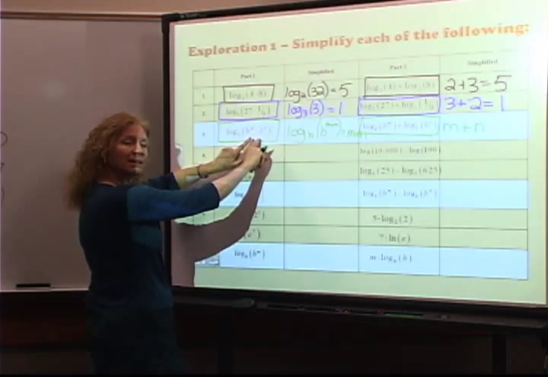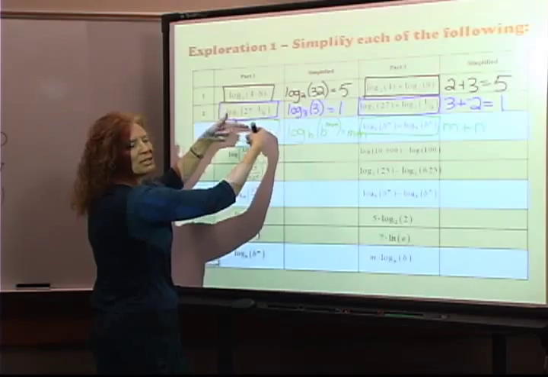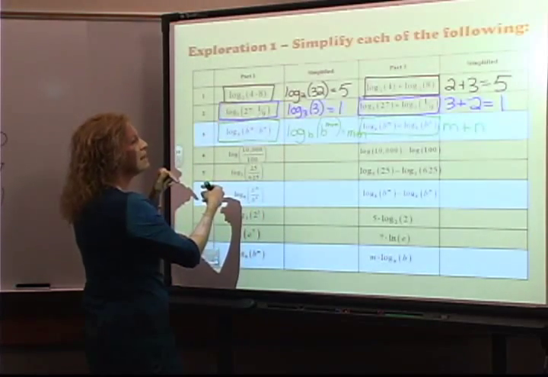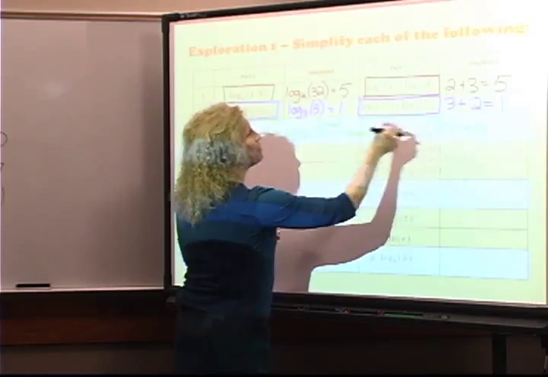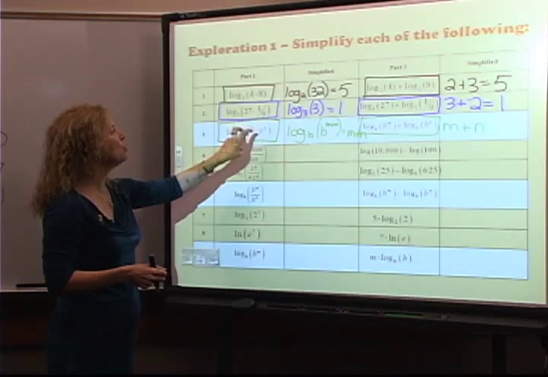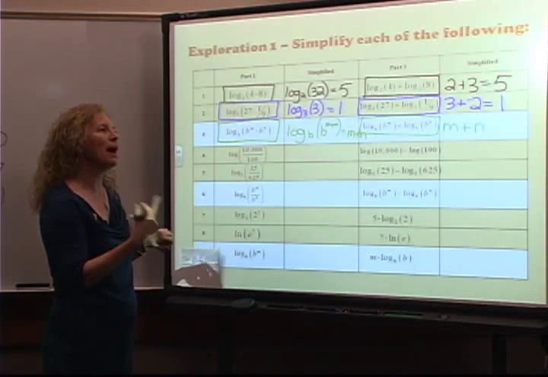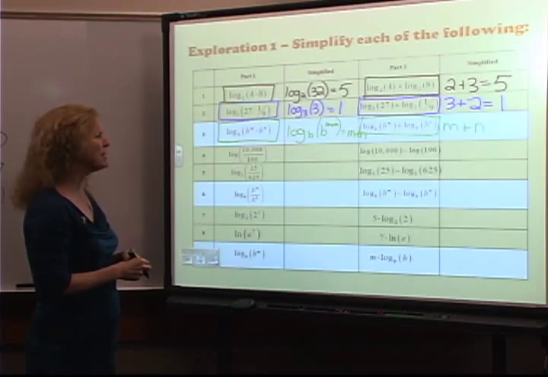Because of the multiplication with the exponents, we added those exponents. And over here, the logs are exponents. They were added. It's because multiplication with like bases, you add your exponents. Okay, it kind of makes sense with it all.